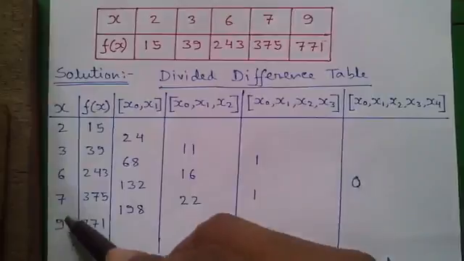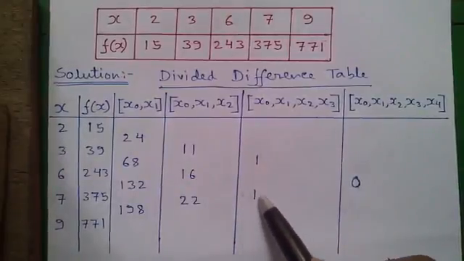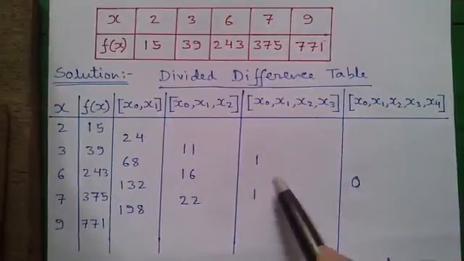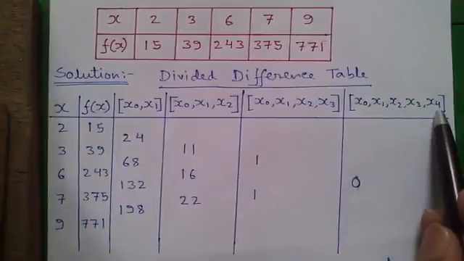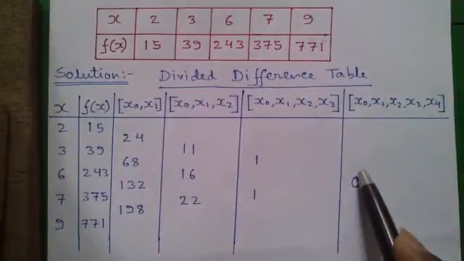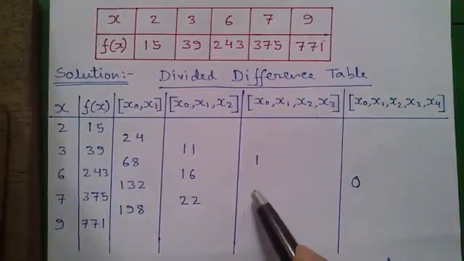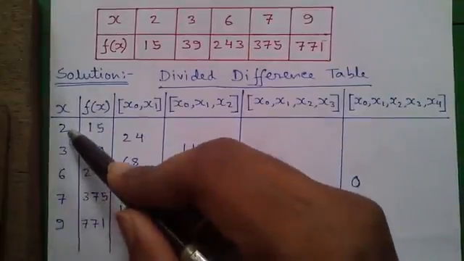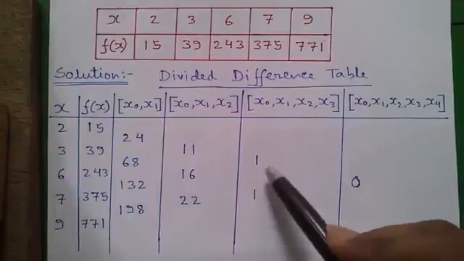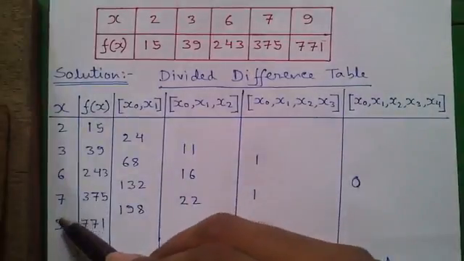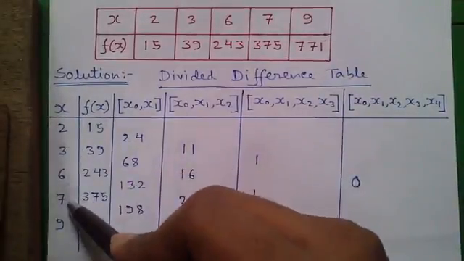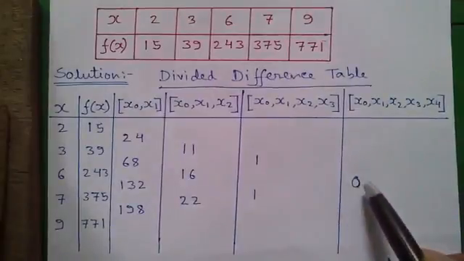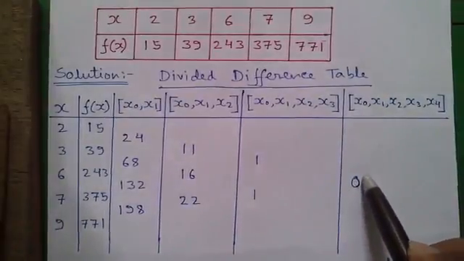So 6 divided by 6 is 1. And finally, for our next column, this number can be obtained by 1 minus 1 divided by 9 minus 2. So 1 minus 1 is 0 divided by 9 minus 2 with a gap of 3 numbers. So 0 divided by anything is 0.